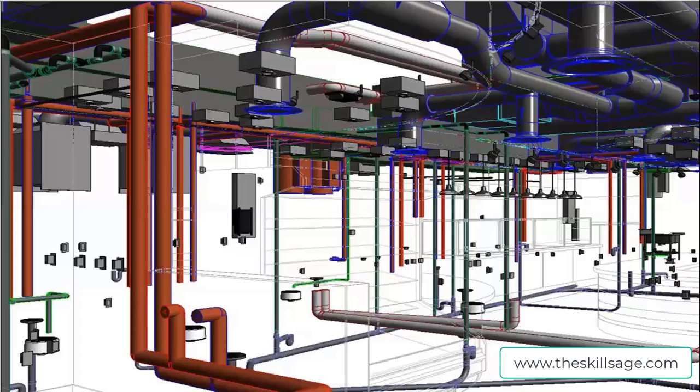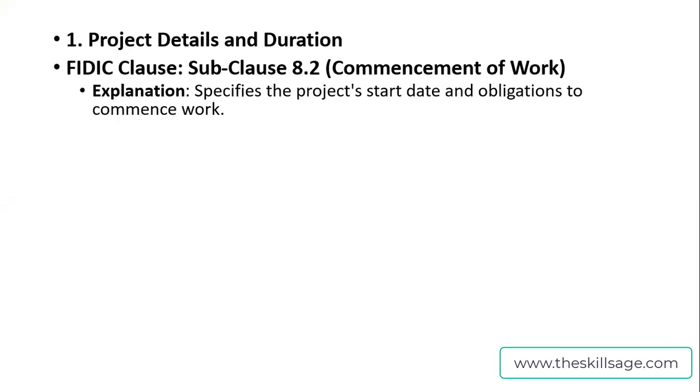Once your design is done, the second most important thing for a planning engineer to understand is your project details. This was designed, and now you have to take all these design things on paper. So first, project details and duration.